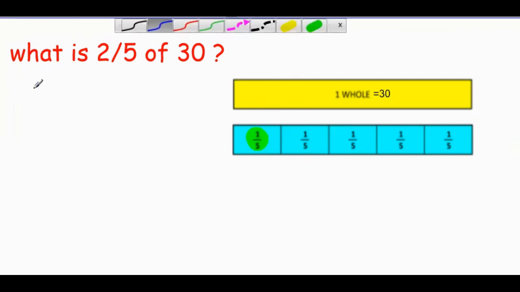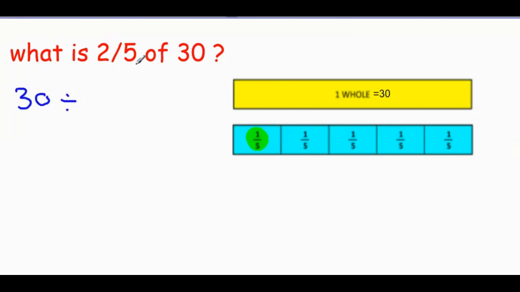As usual, we should take the whole and break it into 5 equal parts. 30 divided by 5 is equal to 6. So the value of each part from these 5 equal parts is 6.